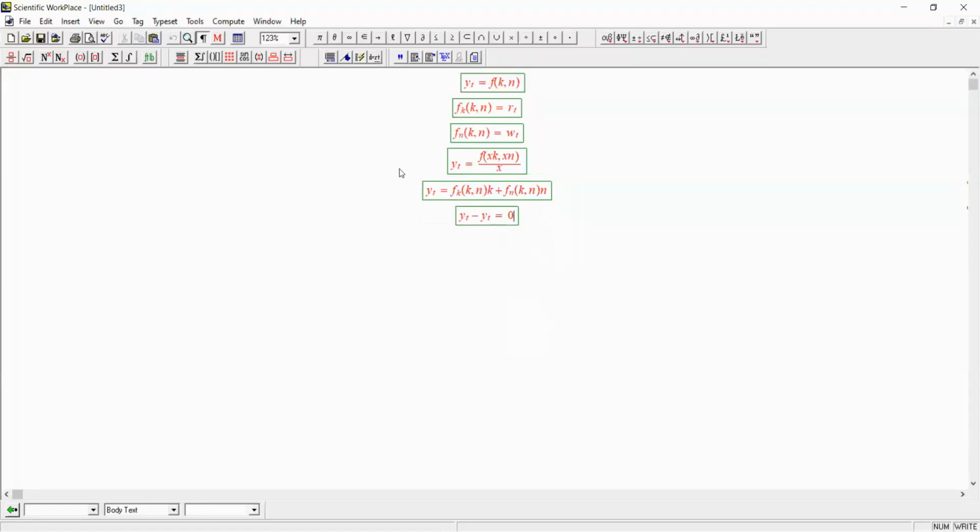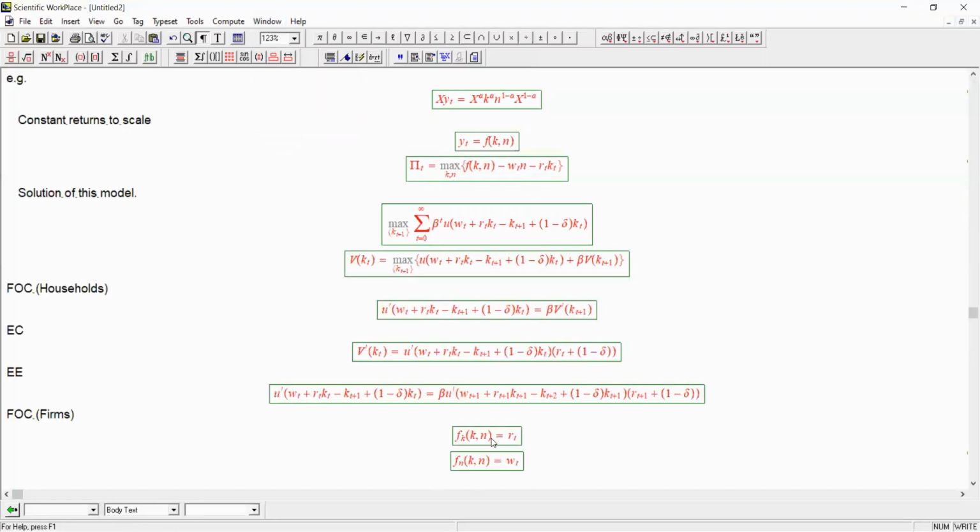So with constant returns to scale, we will have 0 profits. That's useful because it means that we don't need to worry about how many firms there are, who owns them, and things like that. You can just solve the firm's problem, and we end up with these rules regardless of whether there are 2 firms, 10 firms, 1,000,000 firms, or continuous firms, or anything like that. We don't need to worry about it.